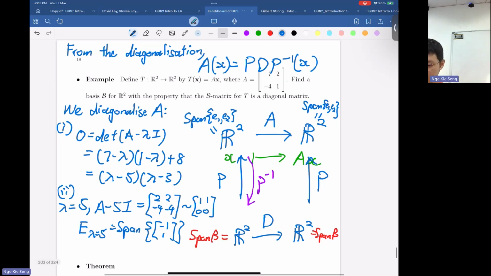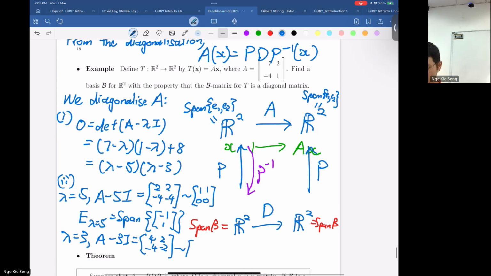And similarly, you also find the eigenspace for lambda equals 3, where you also get a nice matrix here. And then this span here is minus half and 1.